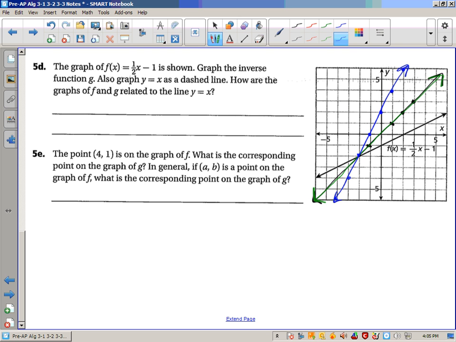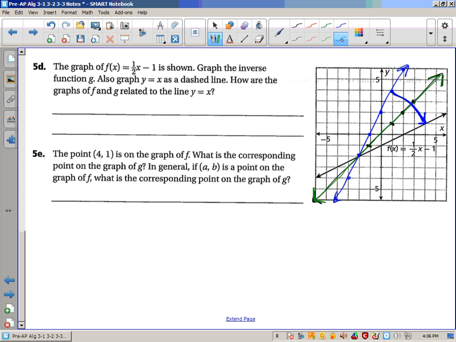What do you notice about the blue line and the black line? It is reflected over the green line. If I were to take this point here, 1, 4, on this line, it would become 4, 1 over there. Switch the x's and y's, and that's exactly what 5e is talking about.